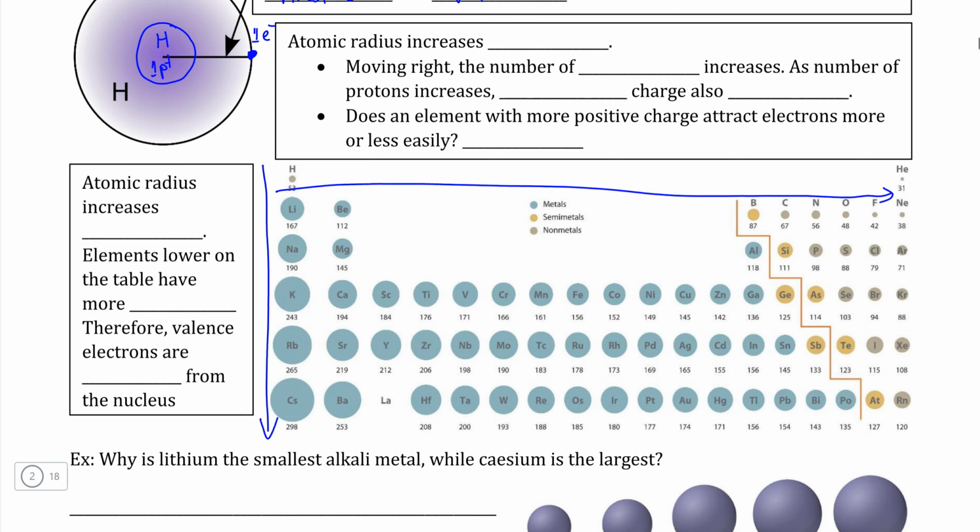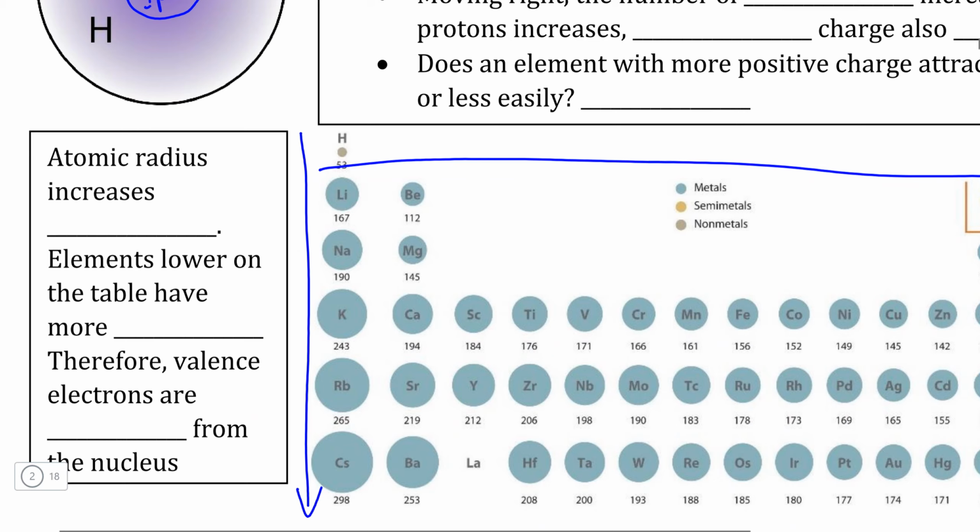Now, from this diagram, it should be obvious, but we want to look at the reason why we see these patterns. So what we're going to do is compare the atomic radius by looking at the Bohr-Rutherford structures of the elements in the alkali metals. If we start with hydrogen, which we've already drawn, hydrogen has one electron in the first shell. But if we were to draw lithium, it has 3 electrons because it's element number 3, meaning that its first electron shell is full, and then its third electron exists in the outer shell right here.